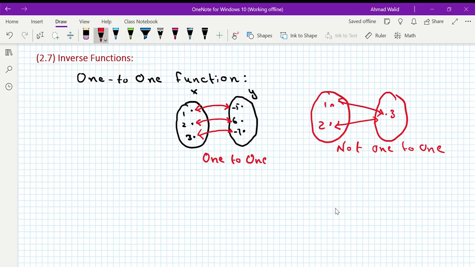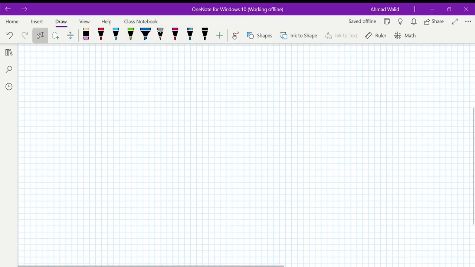Correct? Now, one-to-one functions are the functions that if you look at their graph, by drawing a horizontal line test, you can identify if they are one-to-one or not. Look at this graph.